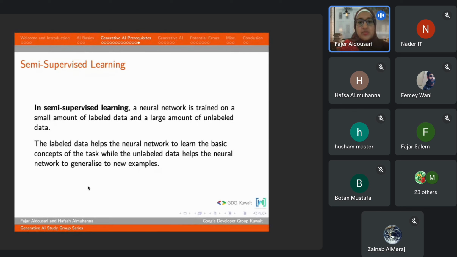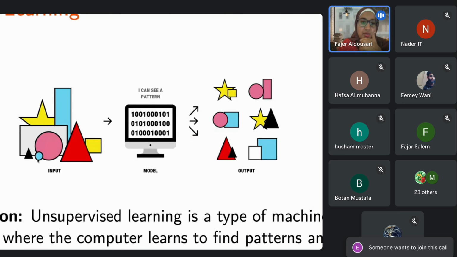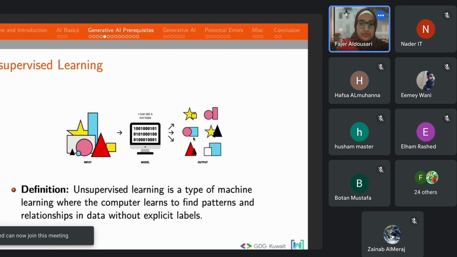Going back to the unsupervised learning example, you input the data and the model just separates it into clusters of similar items, right? But it doesn't give you something of its own.